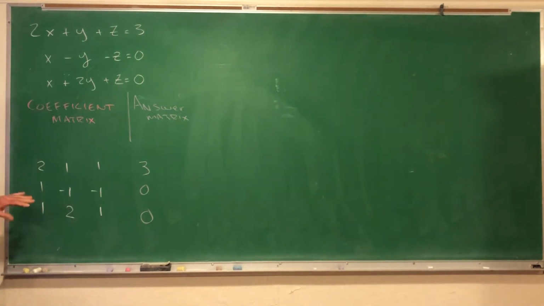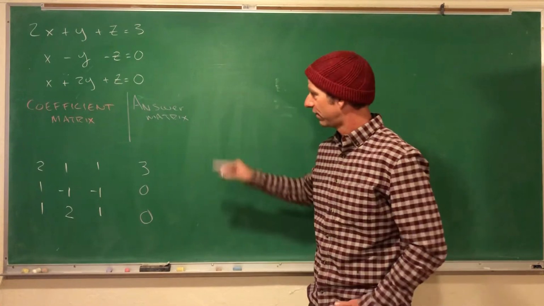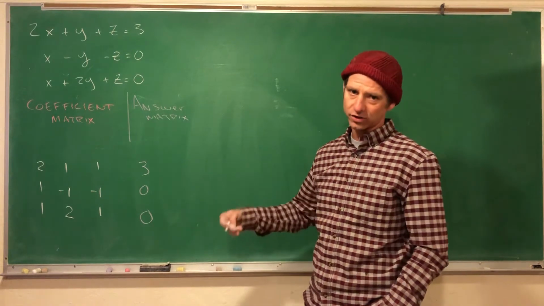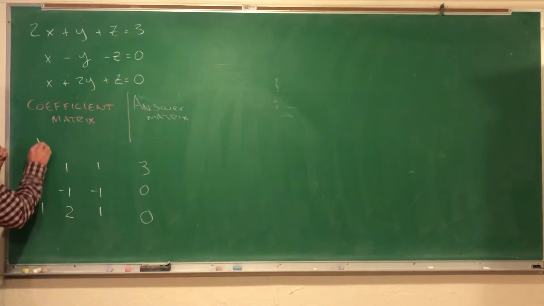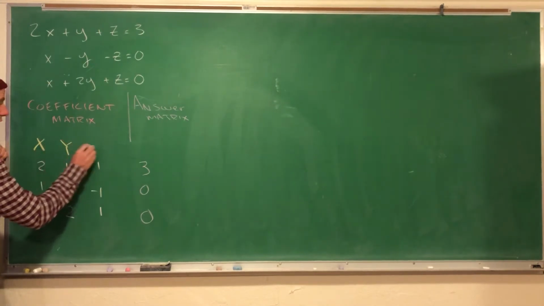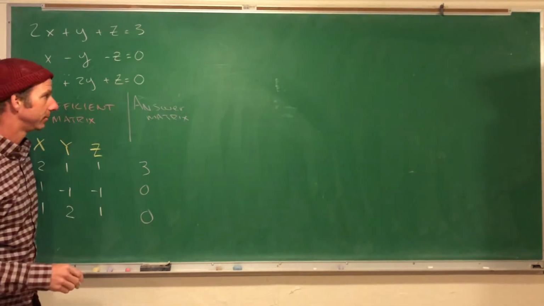Okay? From these 2 matrices, we're going to figure out how to solve for x or y or z. Now notice this first column is x, then y, then z. That's going to be pretty handy in a minute.